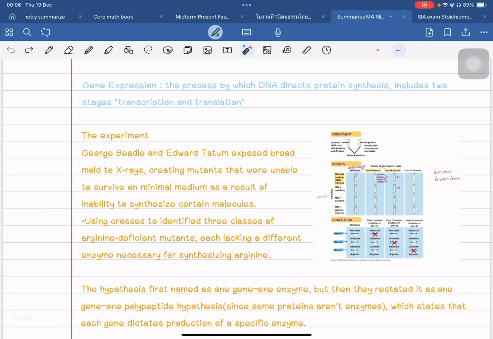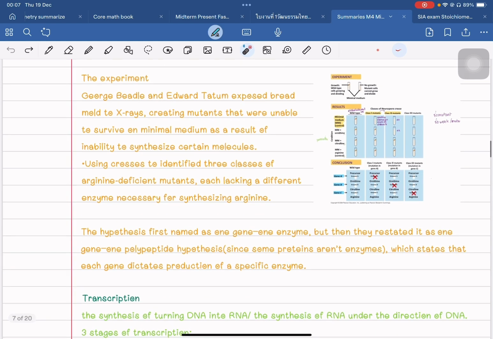The experiment is George Beadle's and Edward Tatum's. They exposed Neurospora mold to X-rays, creating mutants that were unable to survive on medium as a result of an inability to synthesize certain molecules. They used this to identify 3 classes of arginine-deficient mutants, each lacking a different enzyme necessary for synthesizing arginine.